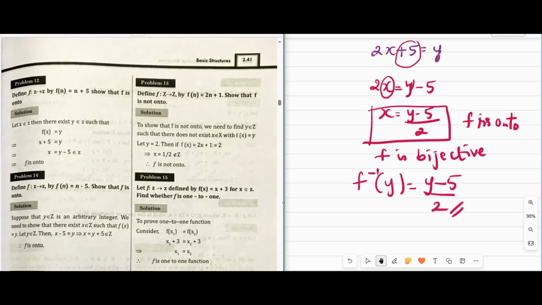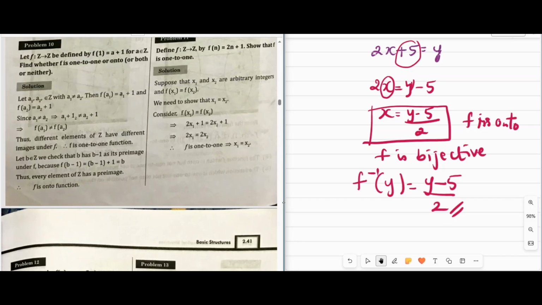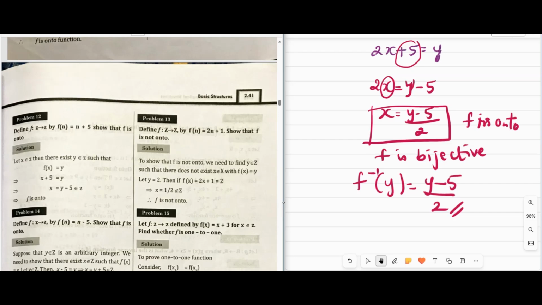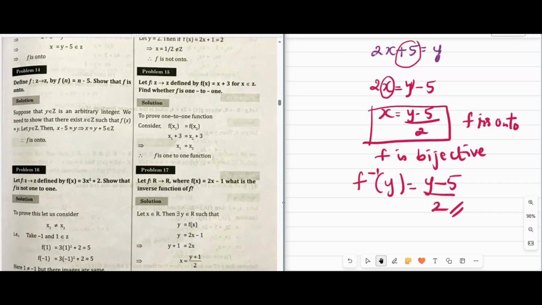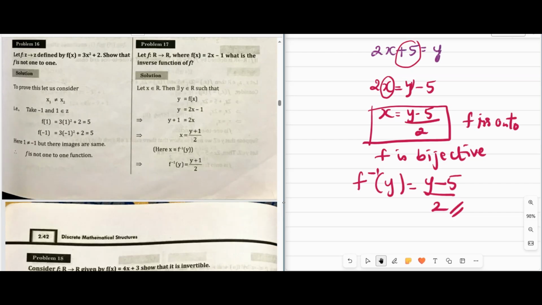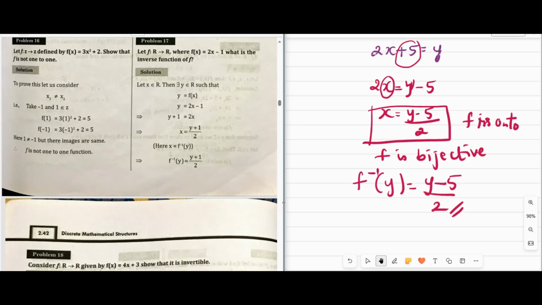So here they have given a few examples to find 1-1 and onto. Just go through all these and try to prove them. Okay, here you can see one more example I'll discuss. Here it is not 1-1, so we take x1 not equal to x2.